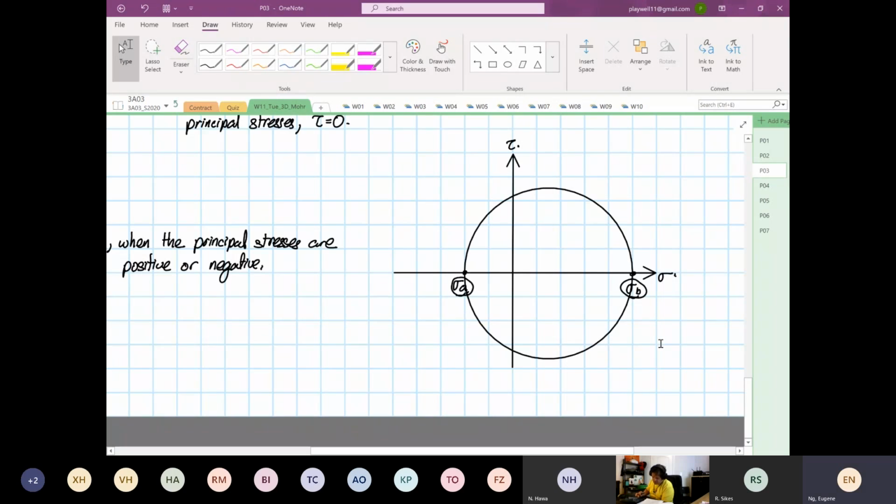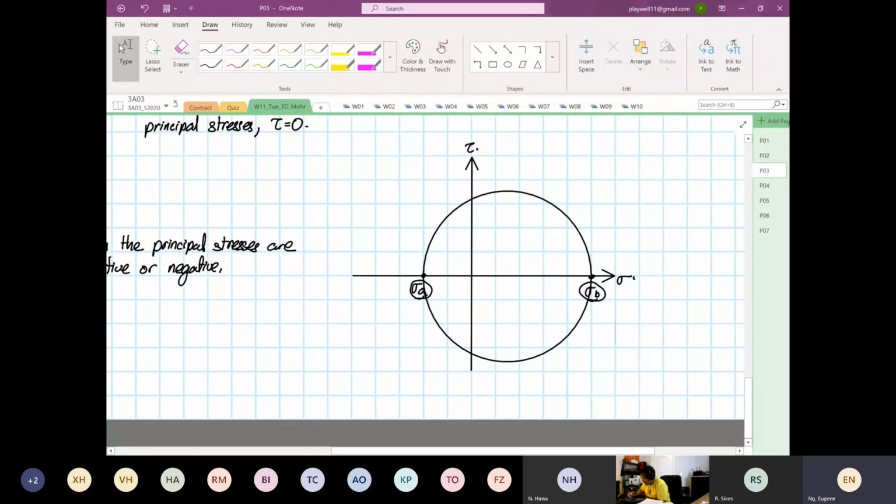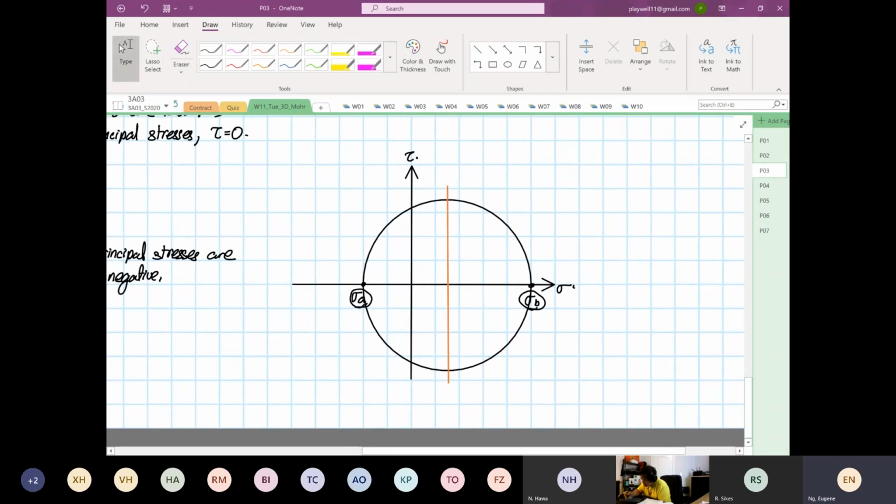Right? So for this case, the radius, okay, so 3, 6, 7. This is where our radius is, or our center point is our stress average. So what we calculate in stress max minus stress mean is this value over here.